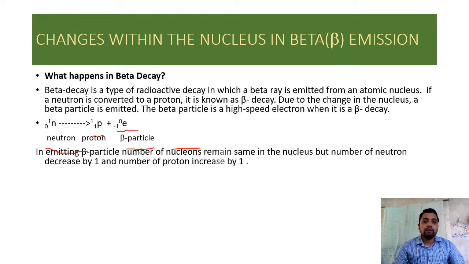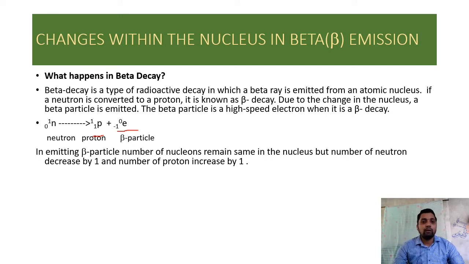Next, emission of a beta particle. In beta emission, the mass number remains the same because one neutron changes to one proton, so there is no change in the number of nucleons inside the nucleus.